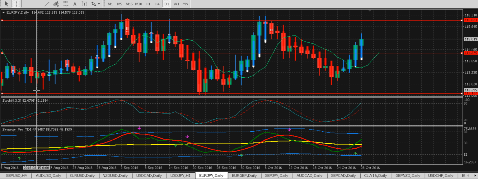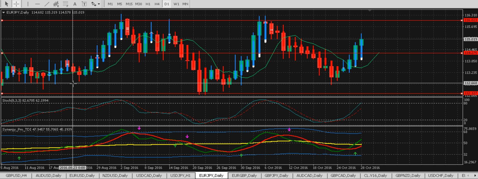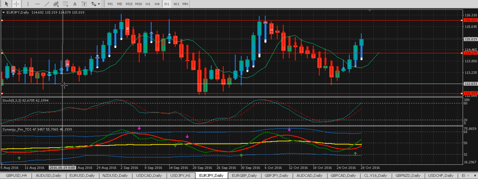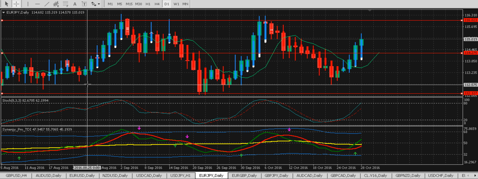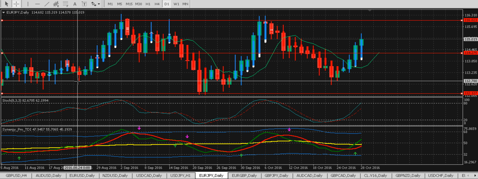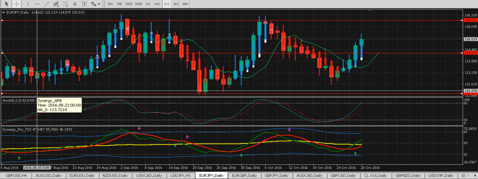I say my emergency stop is placed underneath the nearest swing point. However, if price had entered around this area here, which is about your average true range value, about 2 ATR, and price retreated and closed in this area, I would look to manually close the trade. But the emergency stop is there just in case.